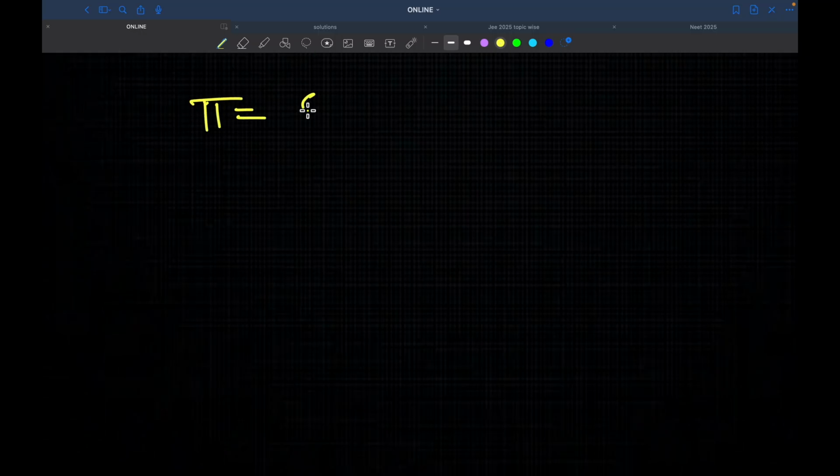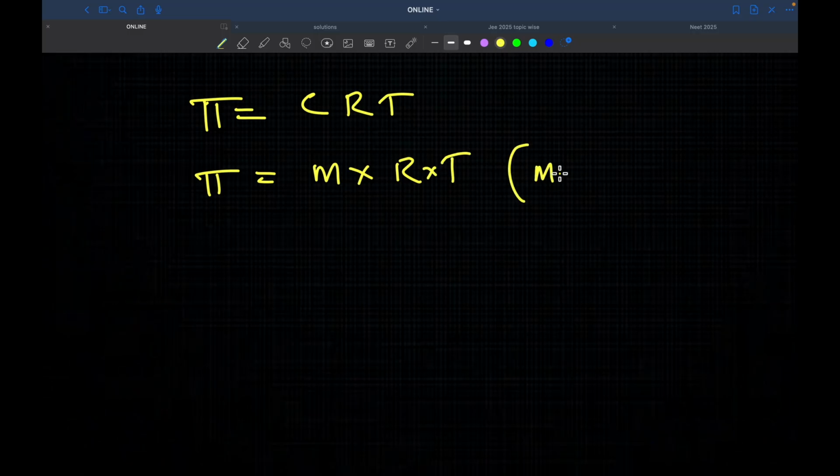Okay, so how exactly do we use it as a colligative property? How is it useful for our calculation of molar mass? We have the formula pi equals CRT, and pi equals molarity into RT. Molarity equals W2 by M2 into 1000 by V in mL.